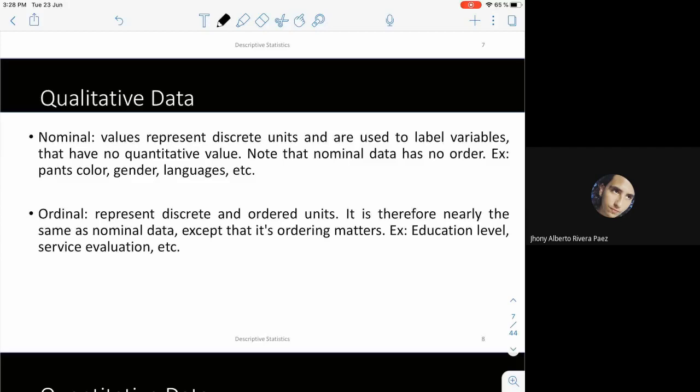If you go to a restaurant and you evaluate the service, like excellent service, good service, regular service, or poor quality service, you can arrange them. It makes sense to arrange them. It goes from a lowest to a highest value. So that's the difference between nominal and ordinal.